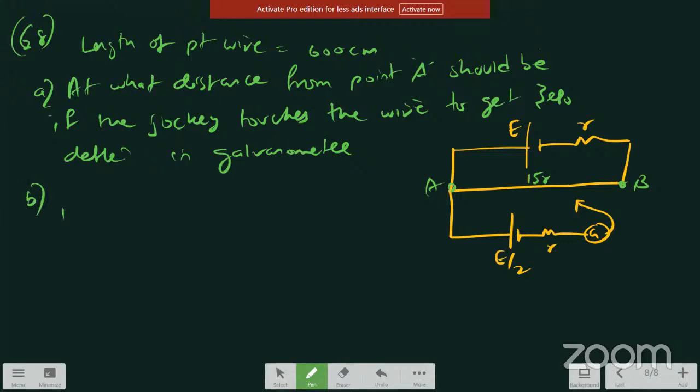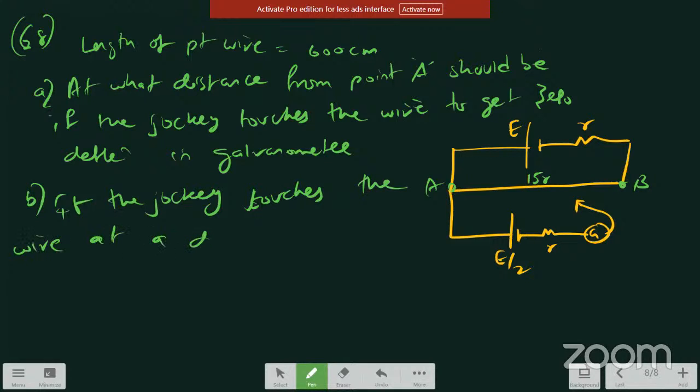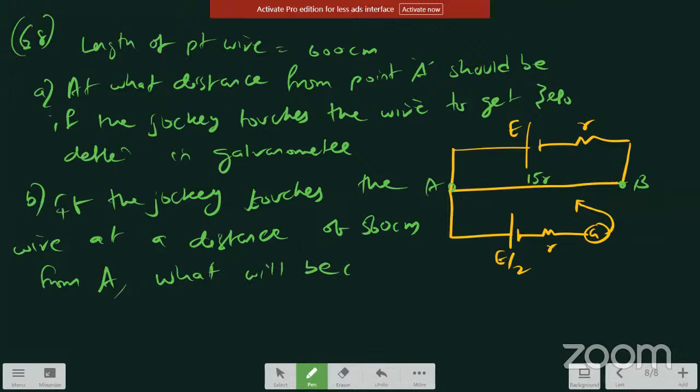The second part of the question is: if the jockey touches the wire at a distance of 560 centimeter from A, what will be the current in the galvanometer?